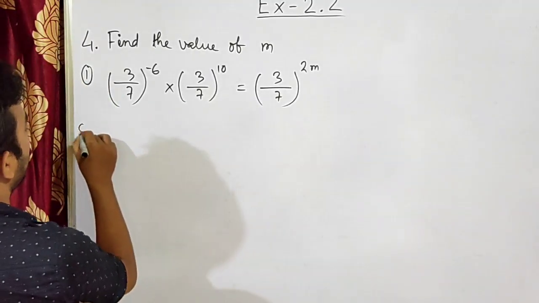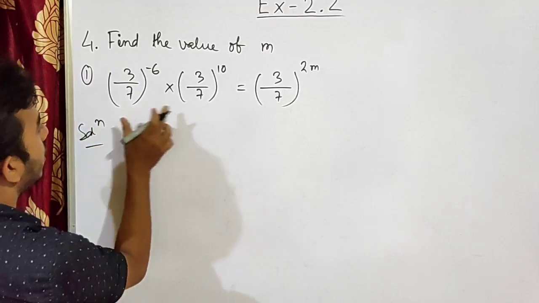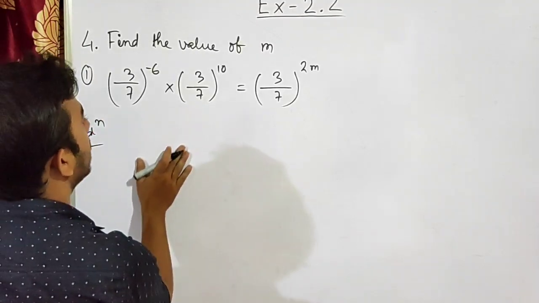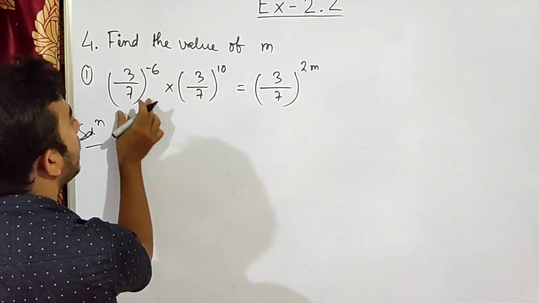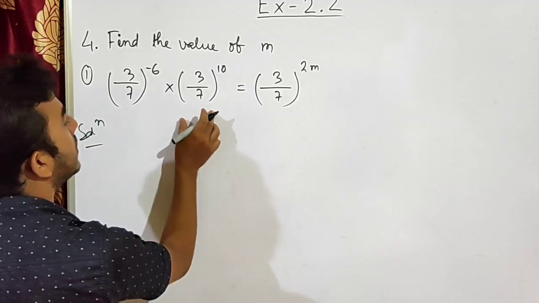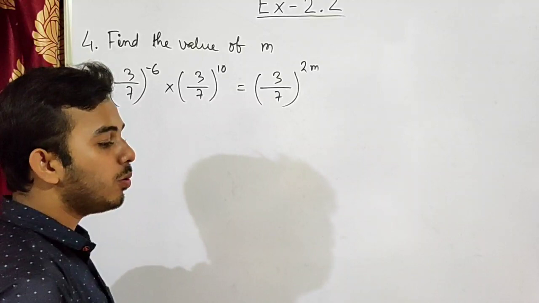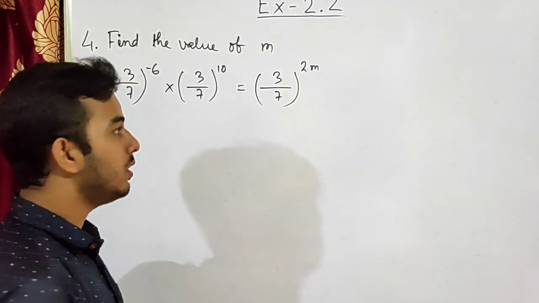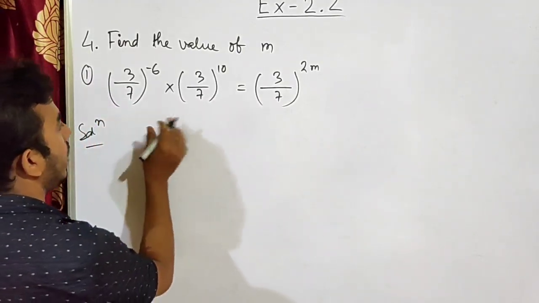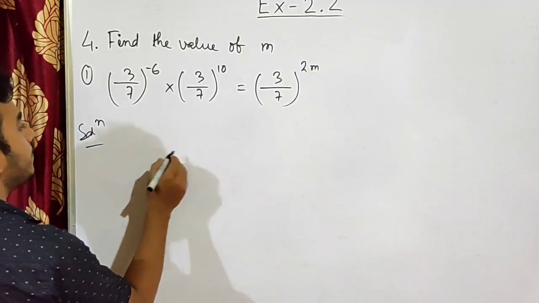Now look, first look at the left hand side. In the left hand side we have the same base, isn't it? The base is the same and both of them are multiplied and their powers are different. So we know there is one law, isn't it? And with this law we can solve this part first. Look how.